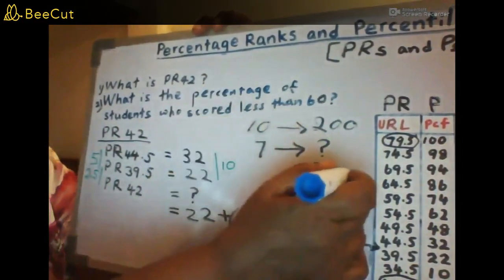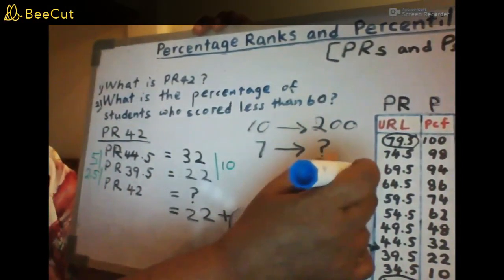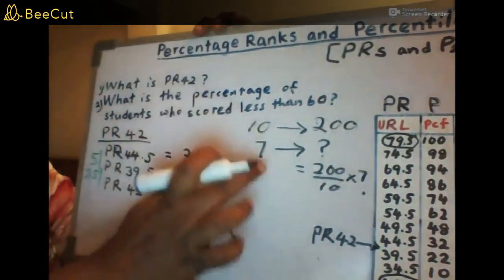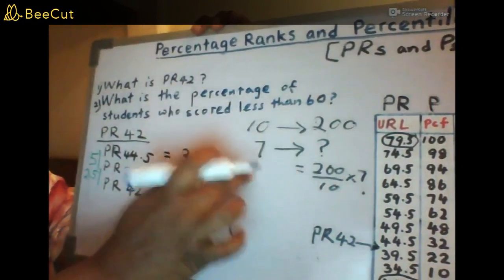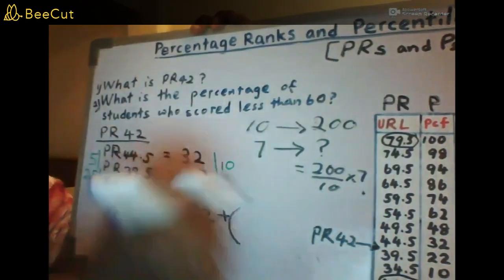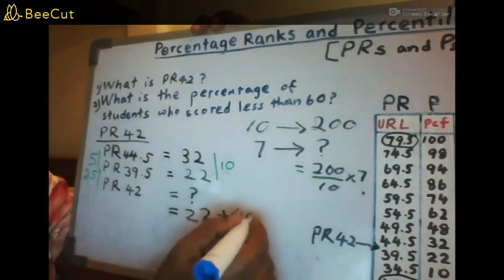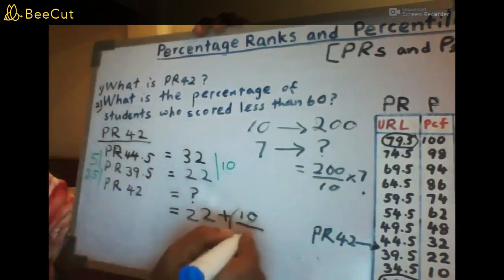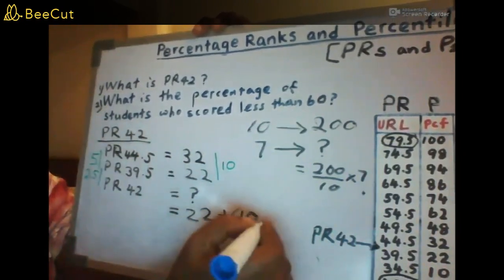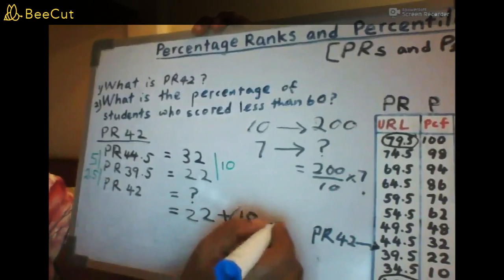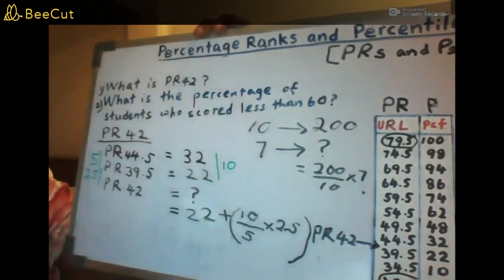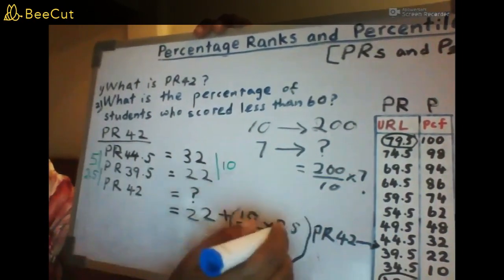Then multiply that by 7. Right? This is the theory we are going to apply here. Then we write 10 divided by this difference 5, multiplied by 2.5.